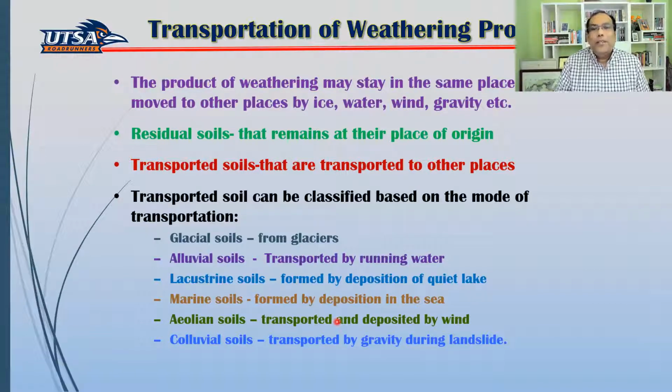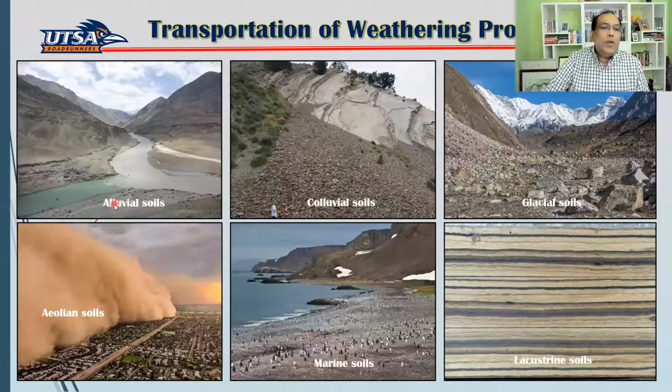Let's see some pictures of the different types of transported soil. Here you can see the alluvial soil. That's coming when the river is flooding. You can see a lot of sediment in this water compared to here.